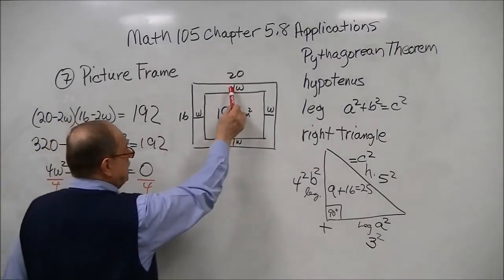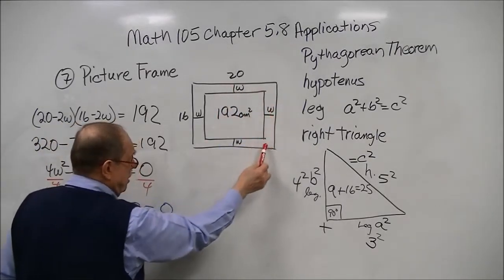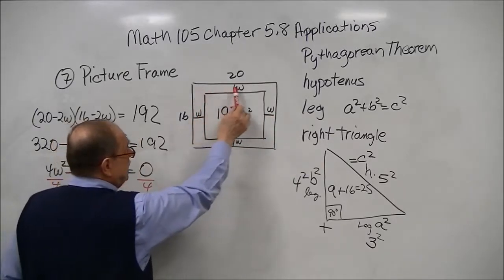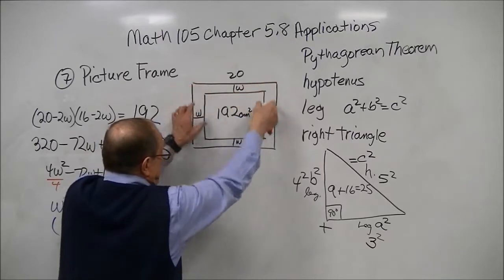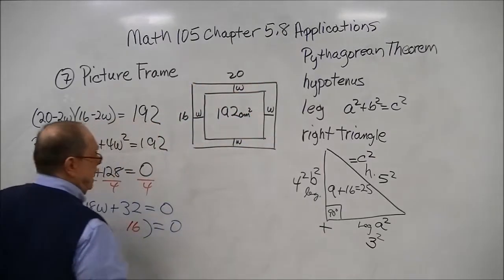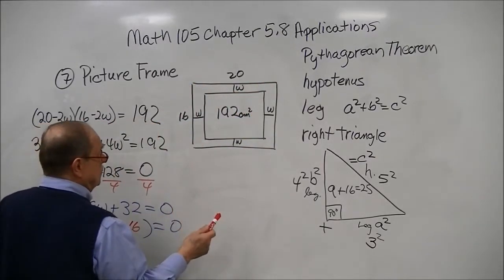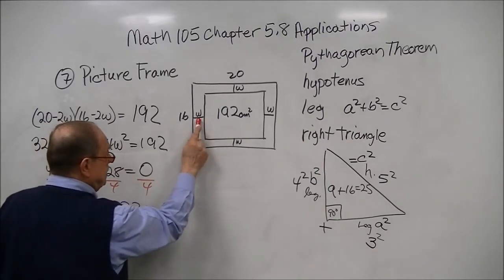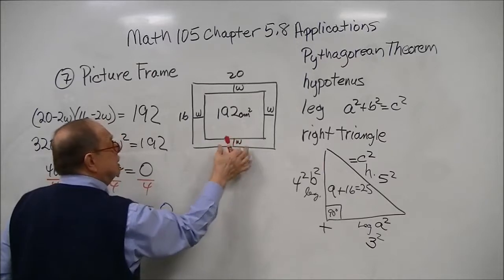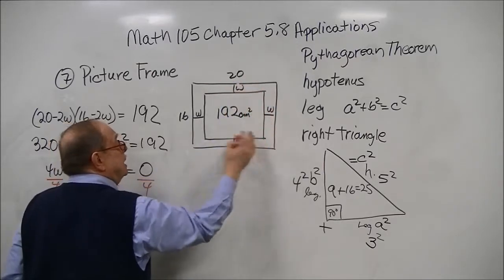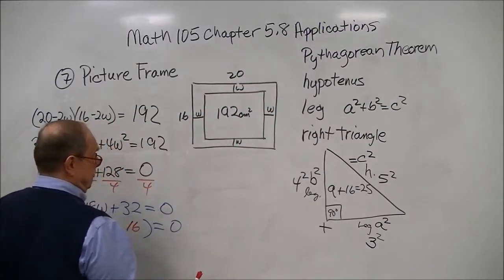But there was like a little margin around the outside. That is like a little mat that they had. And they wanted to know what the dimensions of that little mat were that they put on top of that picture.